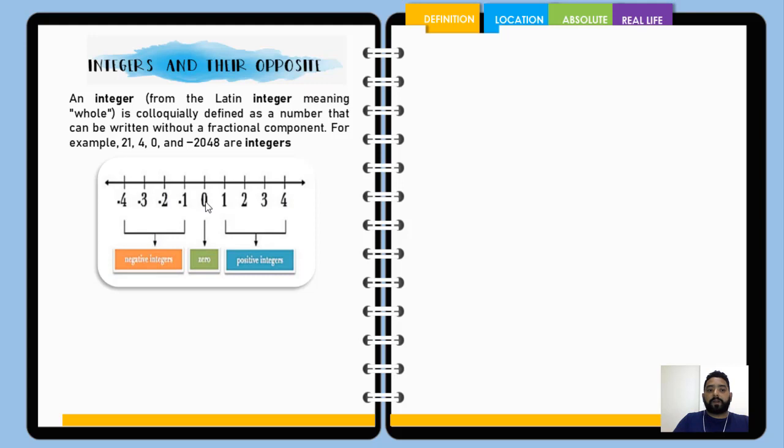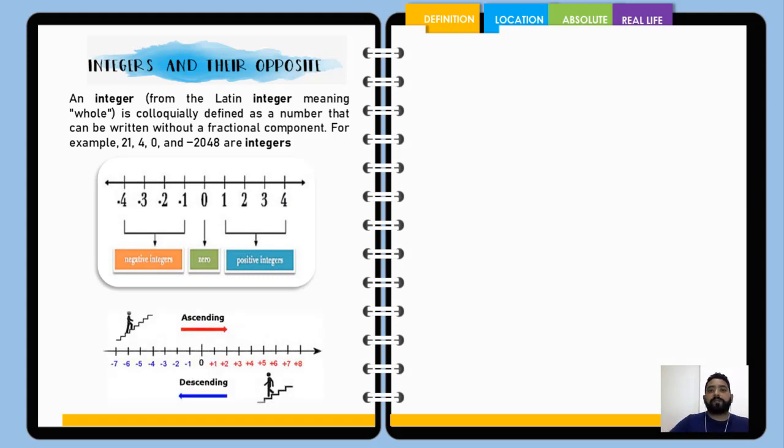If you compare the distance between -3 and 0 and between -2 and 0, -2 is closer to 0. Now, on the right part, where we have the positive numbers, we have 1, 2, 3, 4, and these numbers you can extend to infinity, because on the number line you can plot the numbers to both sides, to negative infinity and to positive infinity.